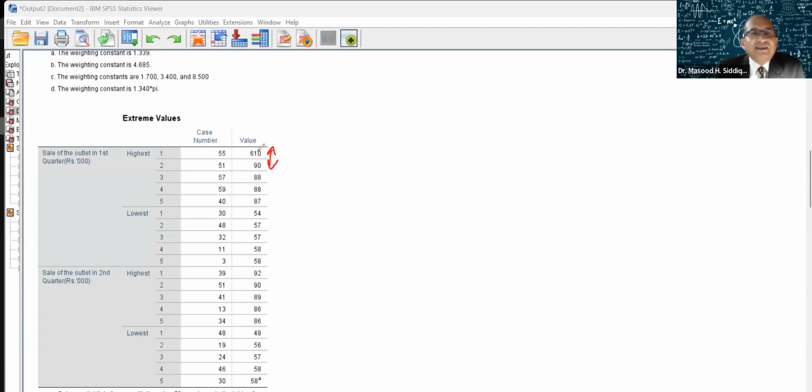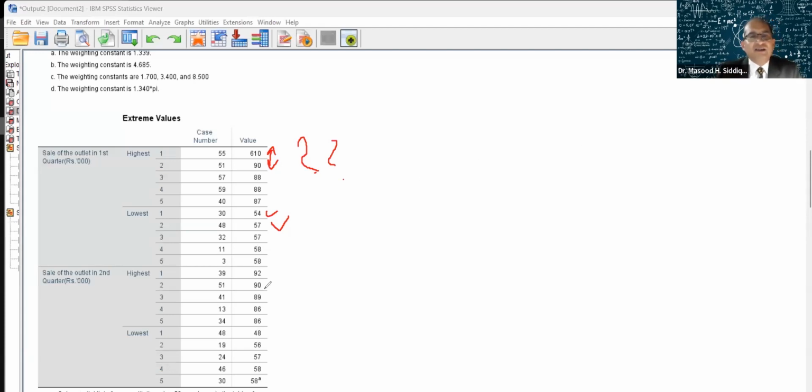But here 610 is very much different from 90. So the chances of outliers might be there. For the lower side, the minimum value is 54. The next minimum is 57. Not much of a difference. So we can say outliers or extreme values are not there for the lower part. Outliers or extreme values are there only for the upper part for the first quarter.